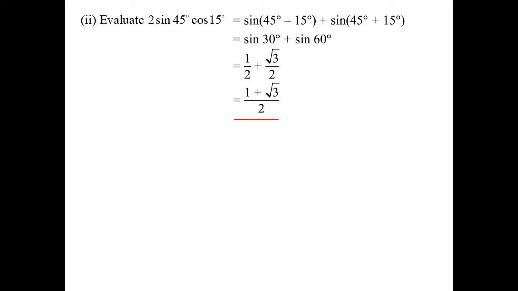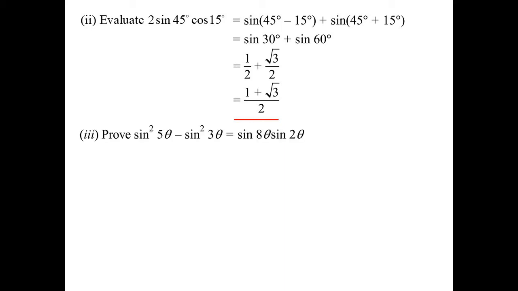So sine cos must have come from the sine one. So it'll be sine of 45 minus 15, which is 30, one of our exact values, plus sine of 45 plus 15, 60, one of our exact values. So we get a half plus root 3 on 2, which is 1 plus root 3 on 2, which is probably quicker than trying to work out what cos 15 is and then multiplying out and doing all that.